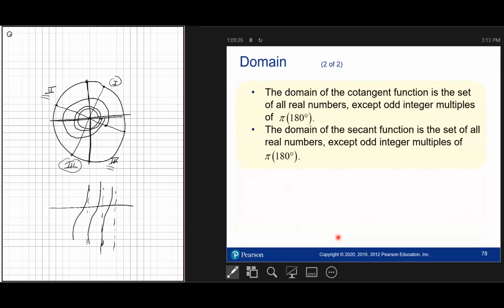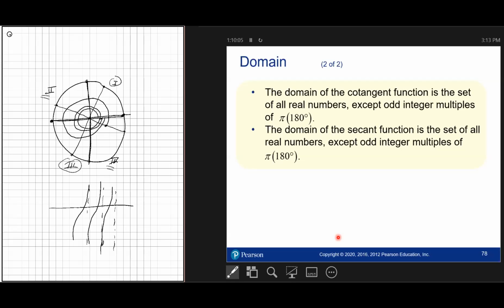But now for cotangent and cosecant, actually it's the integer multiples of pi, because at 0 pi the y value is 0, at pi the y value is 0, at 2 pi the y value is 0, at 3 pi the y value is 0.